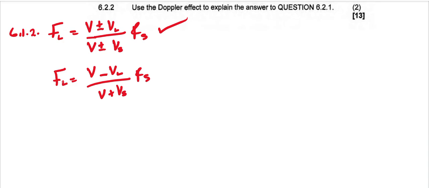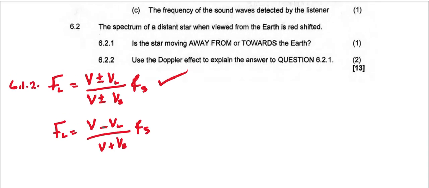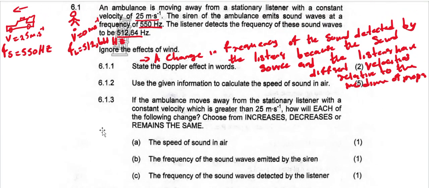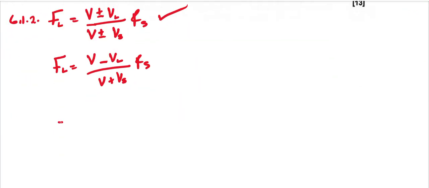So what is our fL, the frequency of the listener? It is 512.64, and now I substitute.